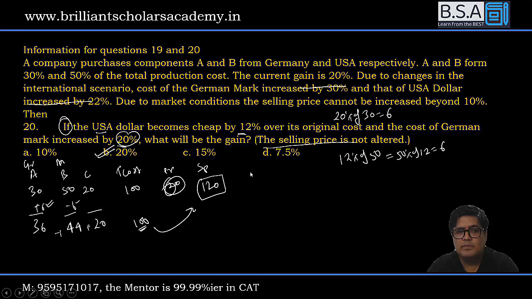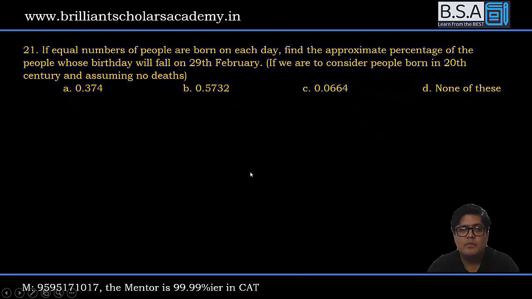Good. Try this. Now for this question, you will have to assume a few things. Again, the question is taken from CAT. Not one word has been changed. CAT का सवाल है.